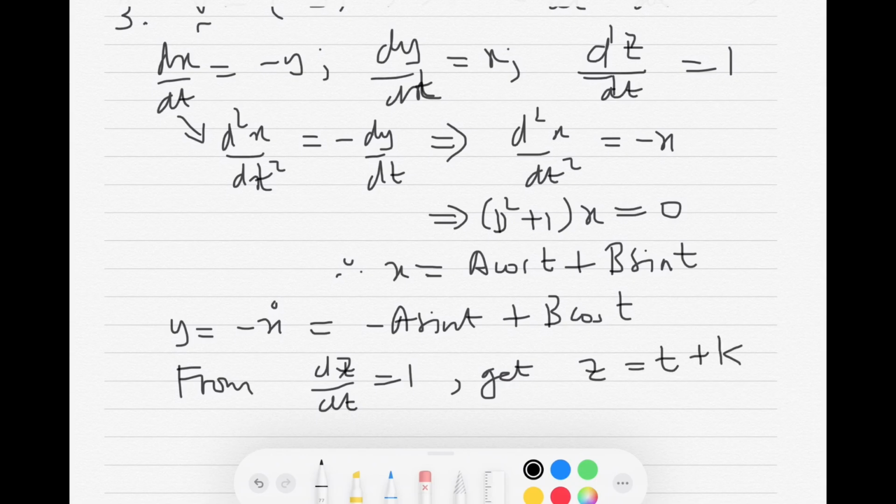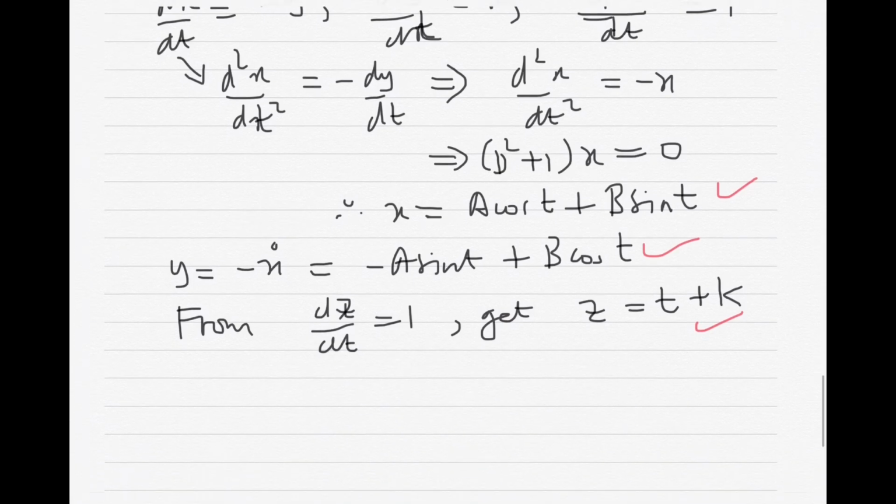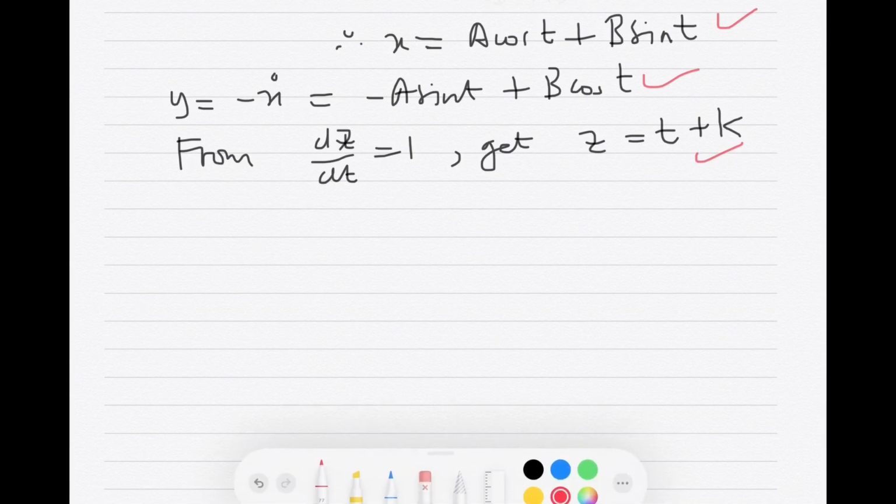So there we have it. We have x in terms of t, y in terms of t, z in terms of t, and vector r would be x, y, z. It's easy to show, using first year methods, that x can be written as a single cosine function, r cosine of t minus some alpha.